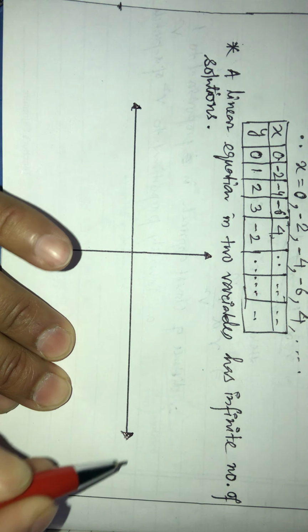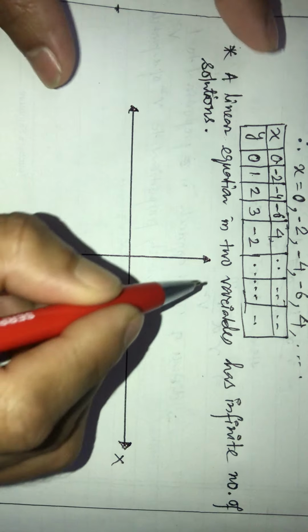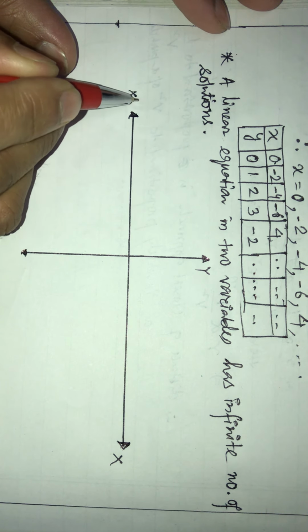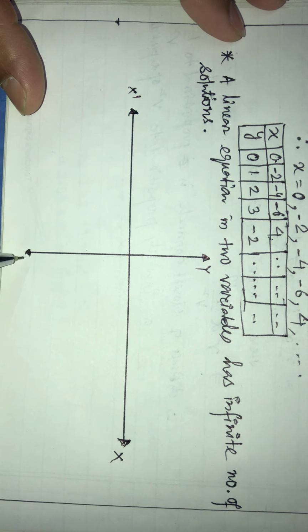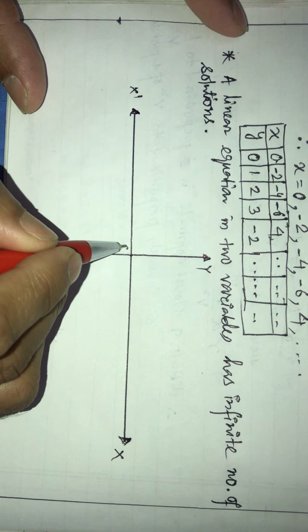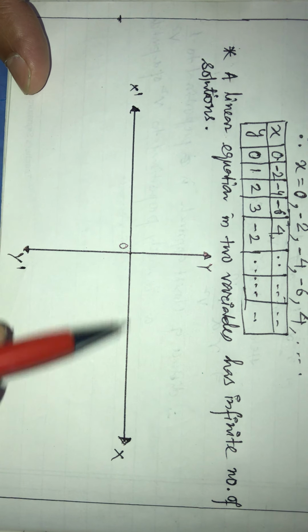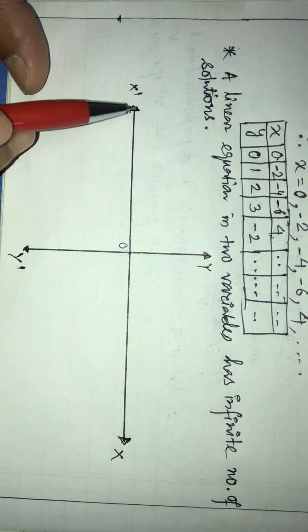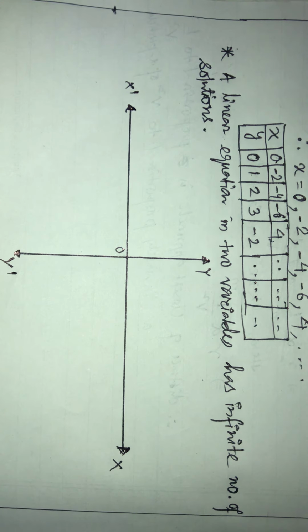So these are the axes: this is the x-axis, this one is the y-axis, this is the negative x-axis, x dash, negative y-axis, y dash, and this is 0. Here we write positive numbers, there negative, and negative, that you know.